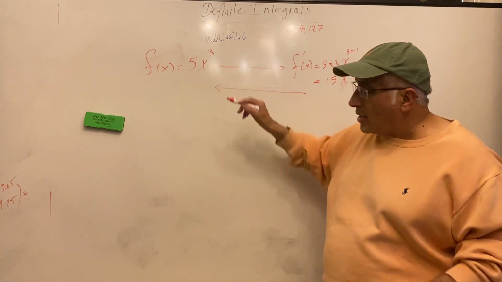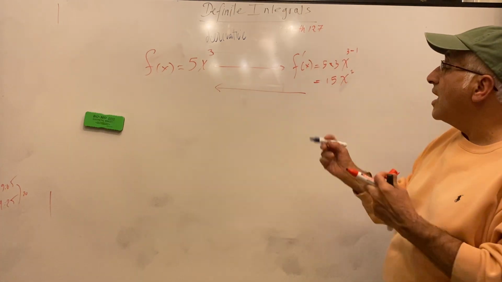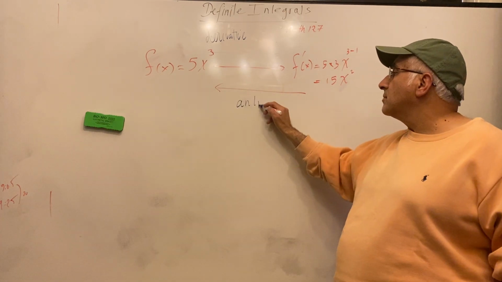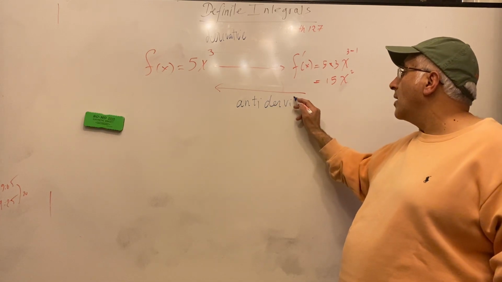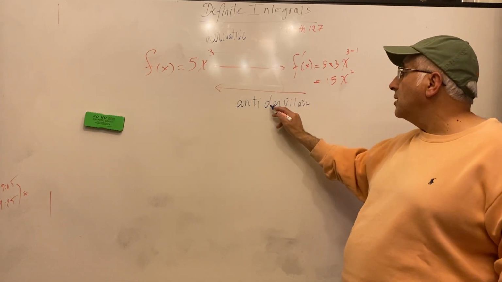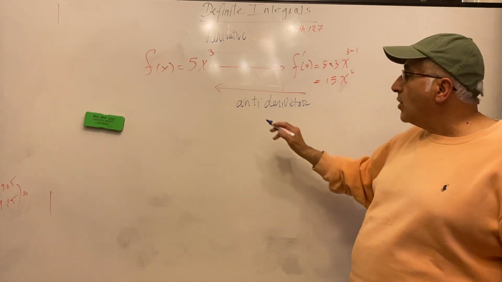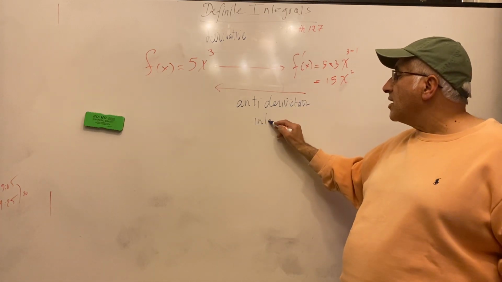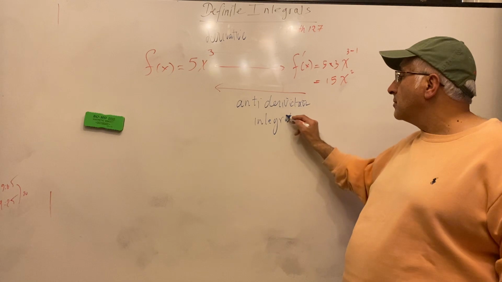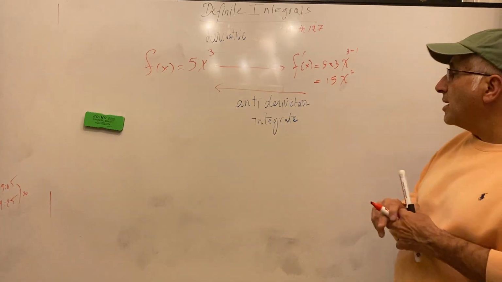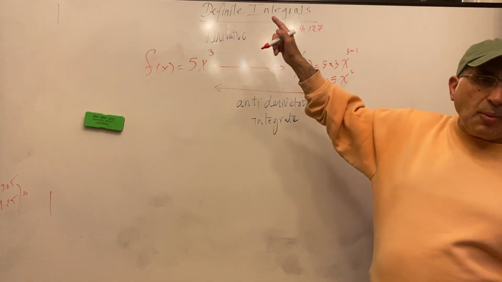If I want to apply the antiderivative, sorry, we have another word for it: if we're going to integrate, it doesn't matter, they're the same, because integration is the opposite of differentiation.